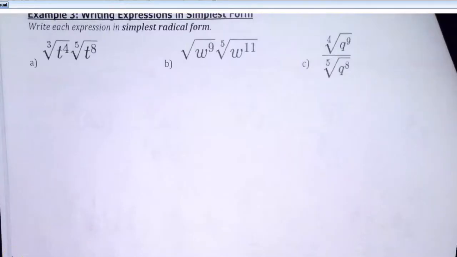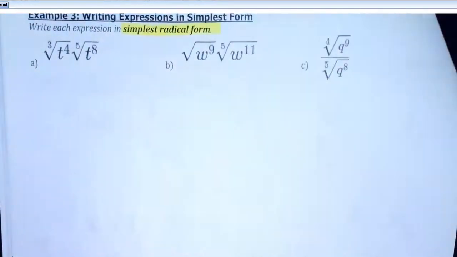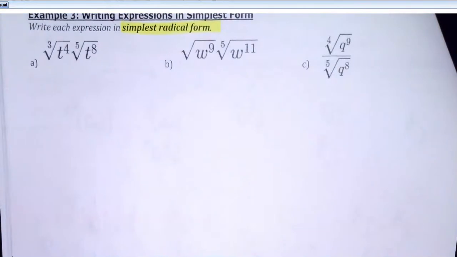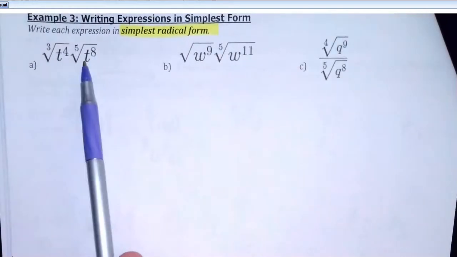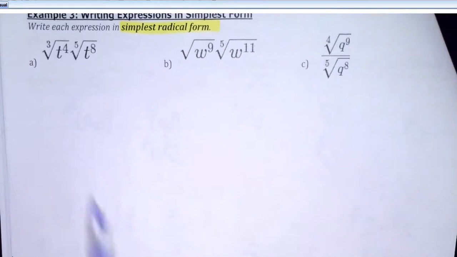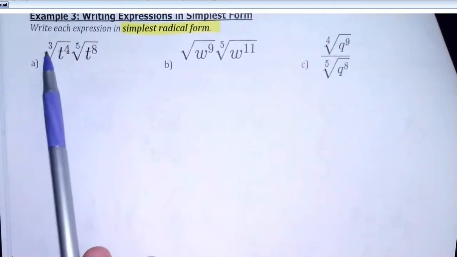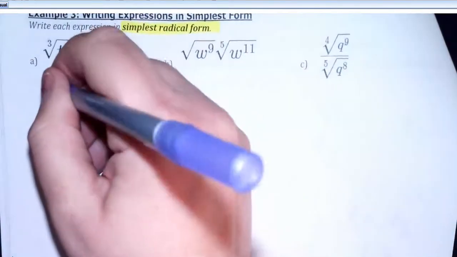All right, our next example is going to want simplest radical form. So I want to see a root of some kind when I simplify these. But if you guys remember, when I multiply, they have to be the same type of root for me to multiply. So since that's not the case here, this is a third root, this is a fifth root. What I can do though, let's convert these to exponential form real quick.